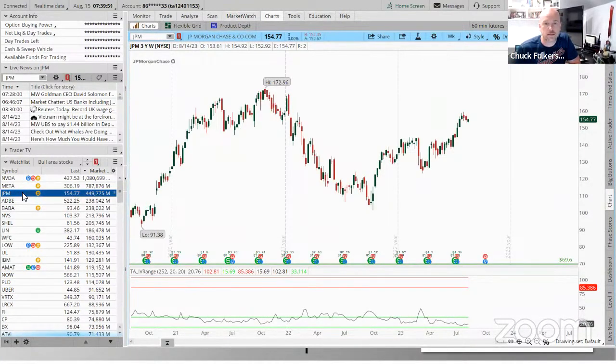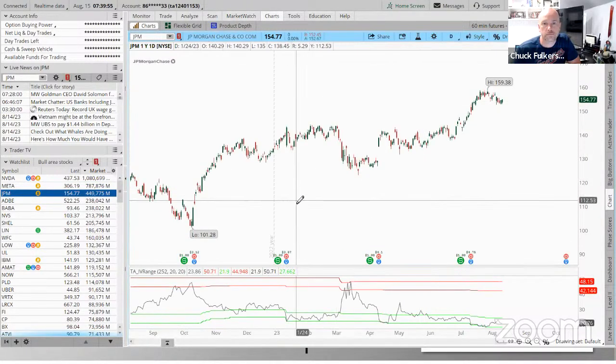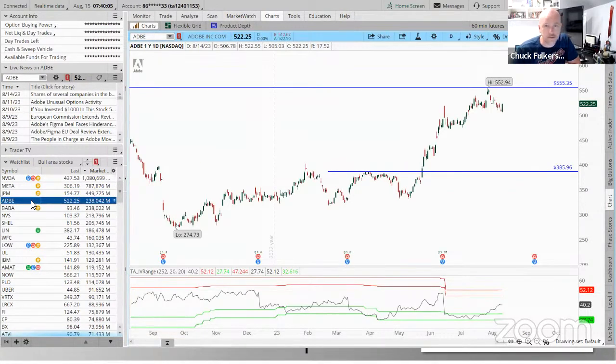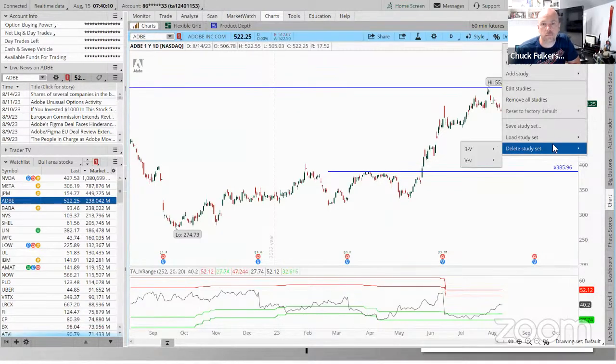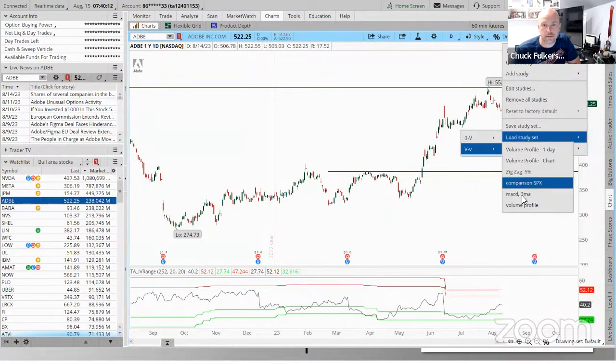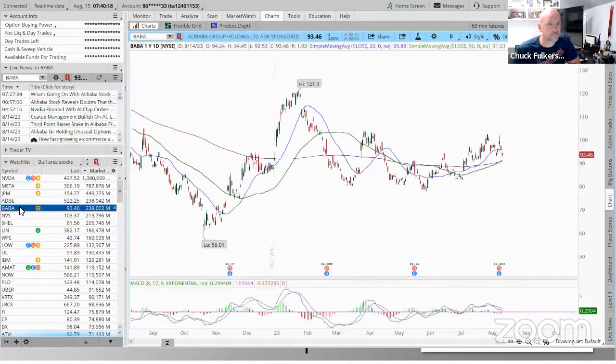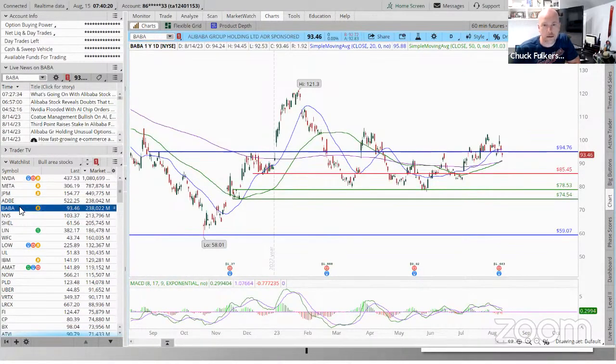Ooh, JP Morgan Chase looks pretty good, but oh, that's a weekly chart. Hold on. Doesn't look bad. JP Morgan Chase looks pretty good. Adobe, let me throw my moving averages back in. I do like to see it relative to the 50 and the 20. Baba's out.